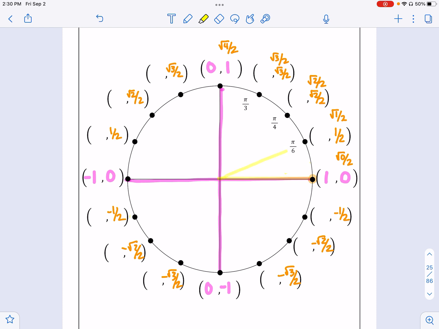And then we're going to do that same thing we did before, and we're going to say, okay, this time instead of opposite over hypotenuse, it's adjacent over hypotenuse. And then for this one, it's going to be, again, adjacent over hypotenuse. And this one is also going to be adjacent over hypotenuse.